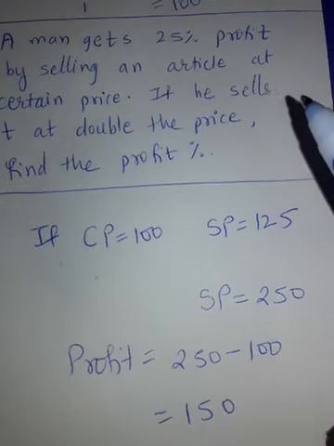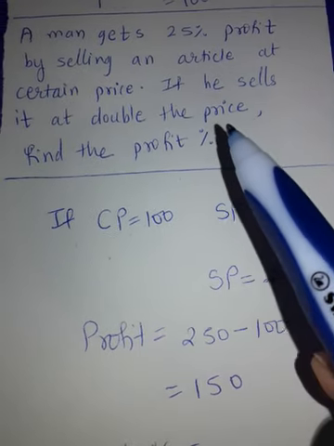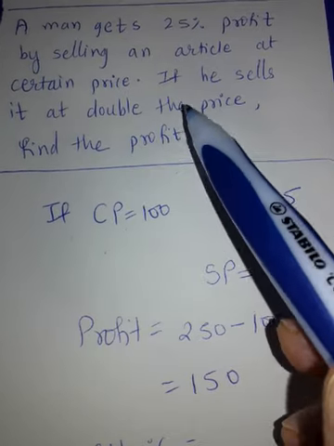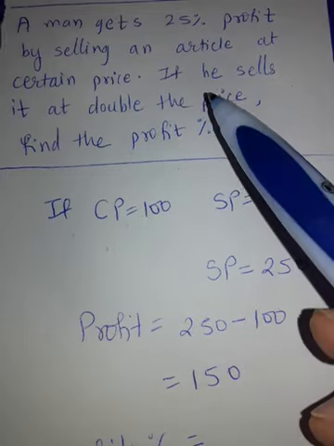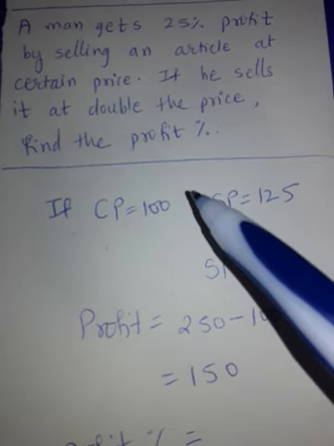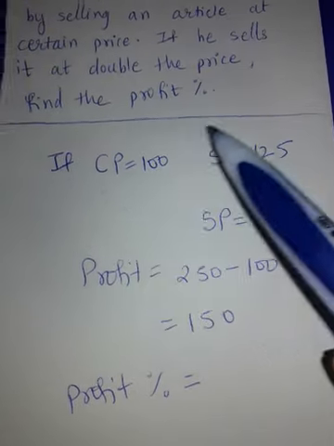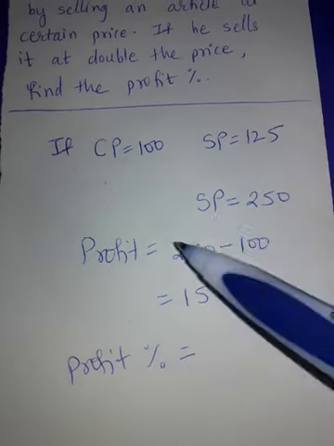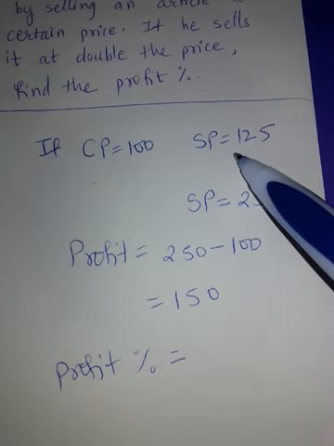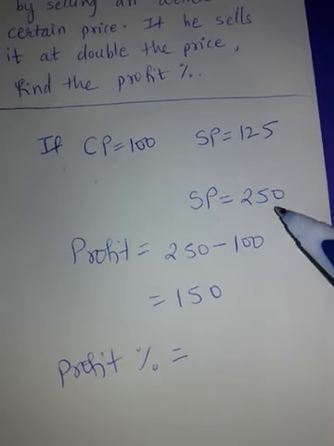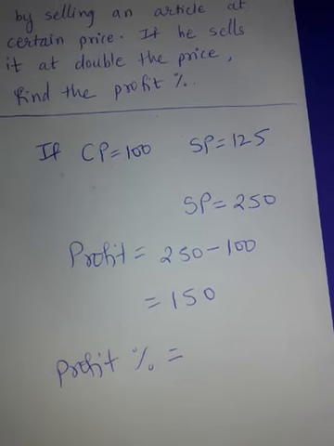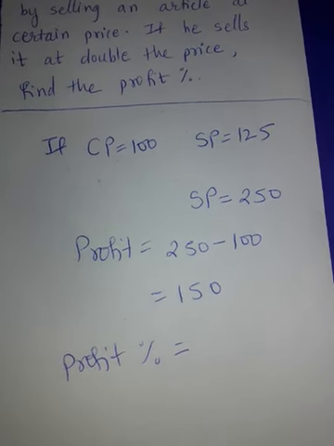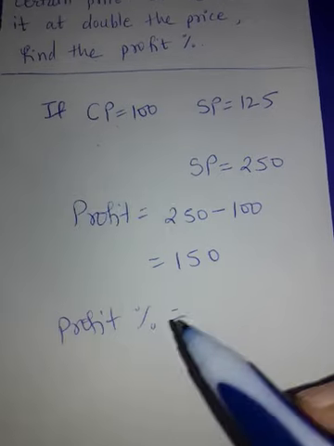See, one more thing you remember, here we are not going to get actual profit. We will get only profit percent because we are not given any selling price or any cost price. Everything is on our assumptions. If CP is 100, SP is 125. If SP is double of that, what will be the loss or profit percent? So we are going to get percent only.